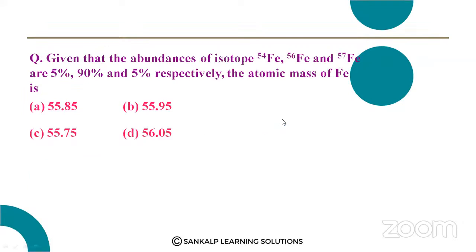So we'll solve an example on average atomic mass. Given the abundances of isotopes, what do you mean by isotope? I said just now, isotopes have the same atomic number but different mass number.